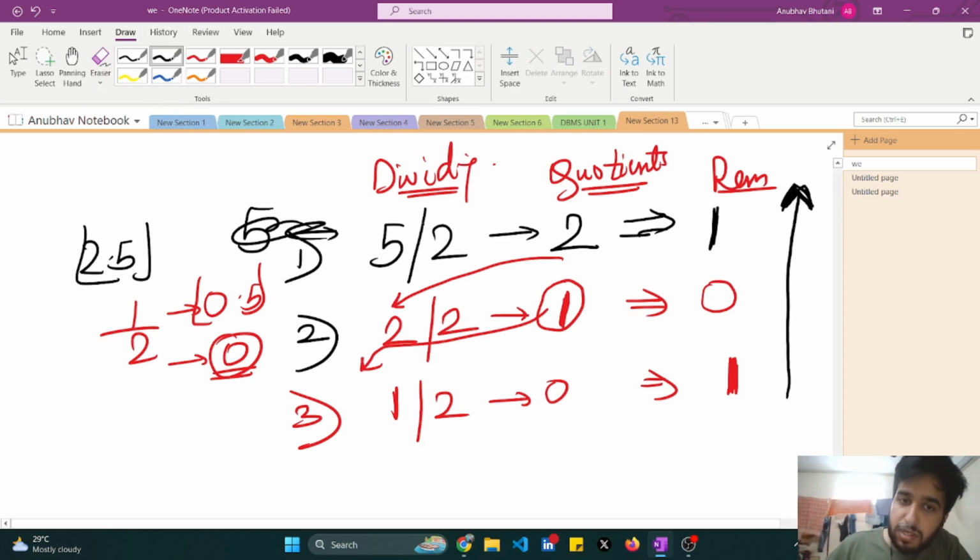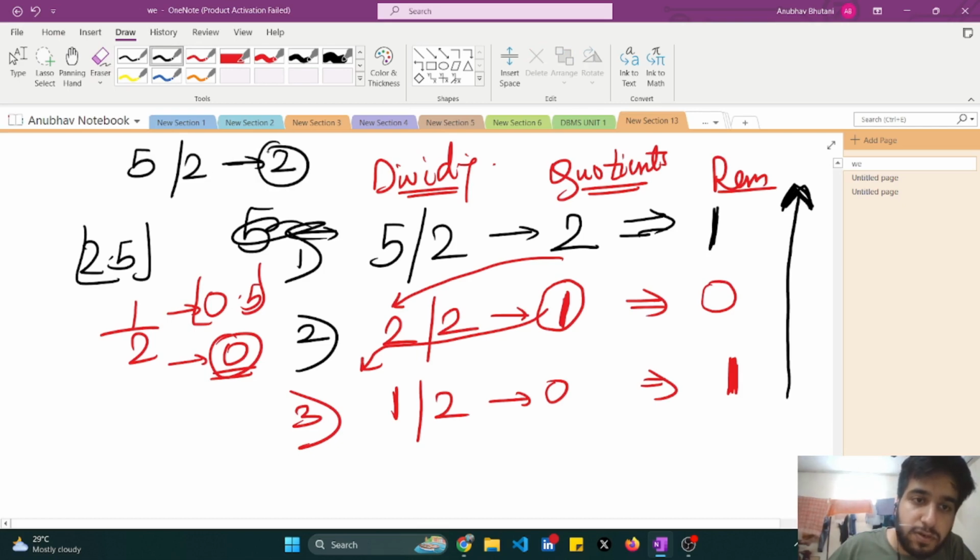Why? Because every time we are dividing our value, we are going on to the left hand side, because we are basically trimming down our value.